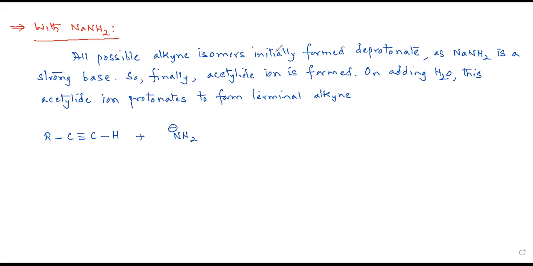Now the NH2 minus abstracts this H plus. This gets eliminated as ammonia, forming RC triple bond C minus.